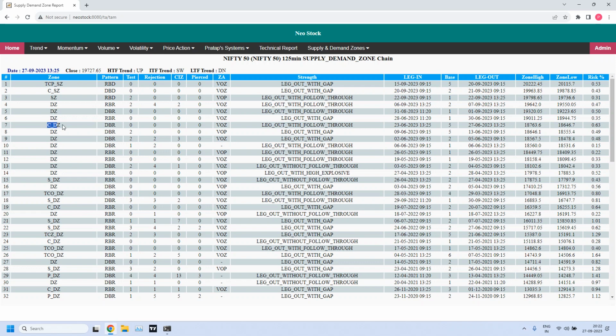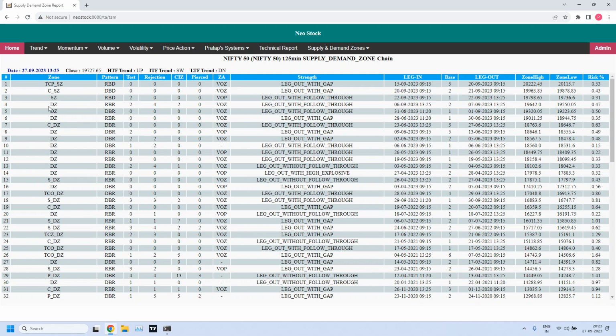But with high liquidity zones, the percentage is increasing. Maybe we can say 70% success rate and only 30% failure rate, or maybe 80% success rate and only 20% failure rate. That way we can increase our confidence about these high liquidity zones.